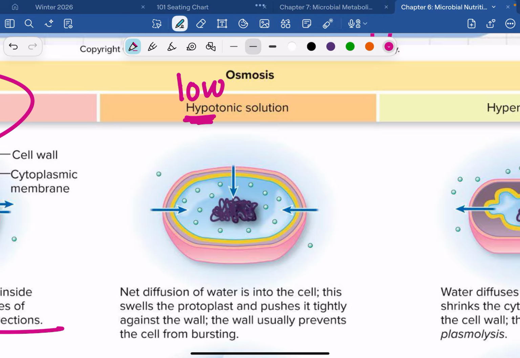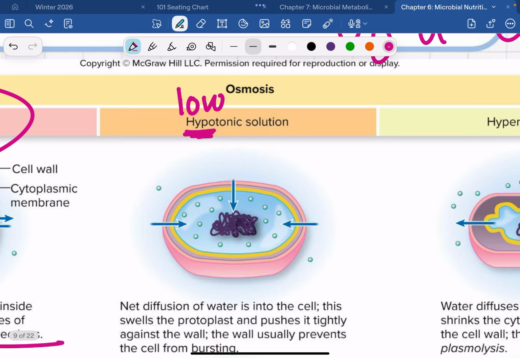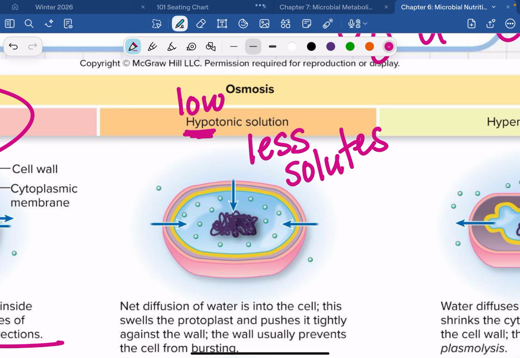So in a hypotonic solution, and the word always refers to the concentration outside the cell, hypotonic means that there are less solutes outside. So outside the cell is low on solutes.